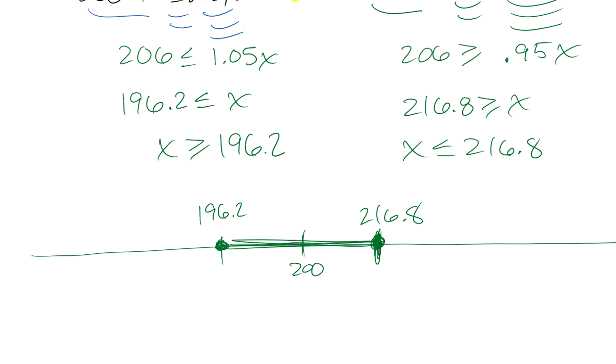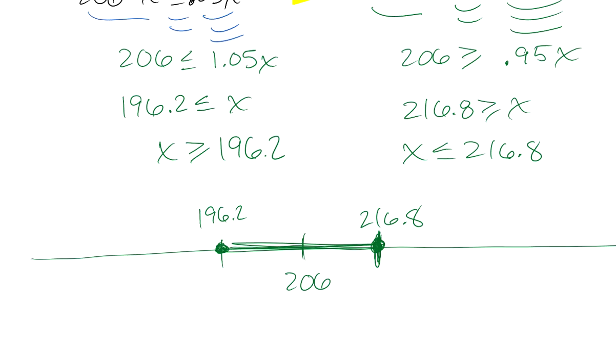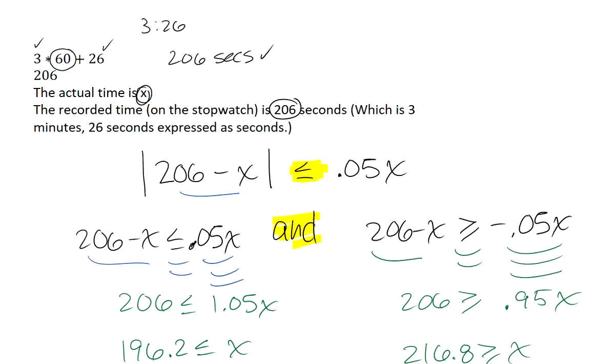Actually, I don't think that. I think it's equidistant from the 206. Probably I should put 206 in the middle here. This would be visually more accurate. So my actual time is somewhere between 196.2 and 216.8.